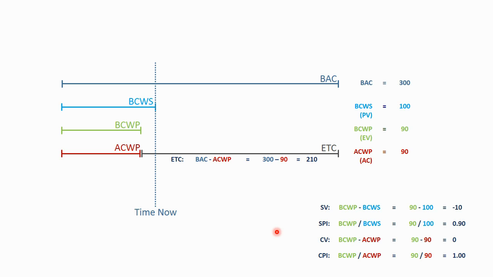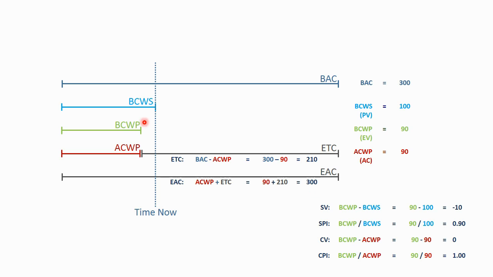So let's compute the estimate to complete. The estimate to complete is the budget at completion, the entire budget, minus what was actually spent. So 300 hours minus 90 hours. The estimate to complete is 210 hours. That's how many hours we have left. And the estimate at completion is the actual cost of work performed plus the estimate to complete, 90 hours plus 210, 300 hours.